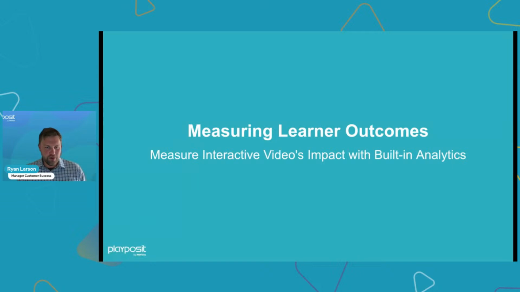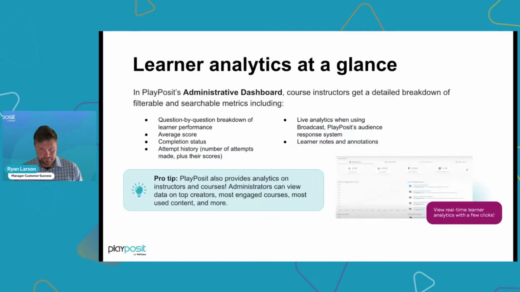So those are some of the use cases for interactive video. Let's talk a little bit about measuring those learner outcomes that we look for when our learners engage with interactive video. The PlayPosit administrative dashboard provides instructors with in-depth performance data to inform their instructional decisions.